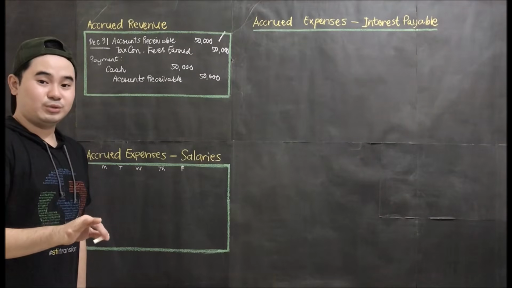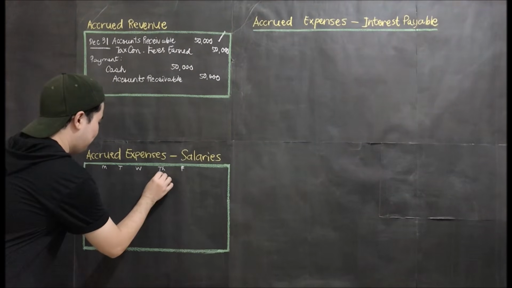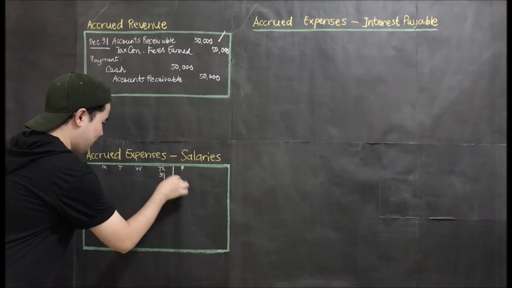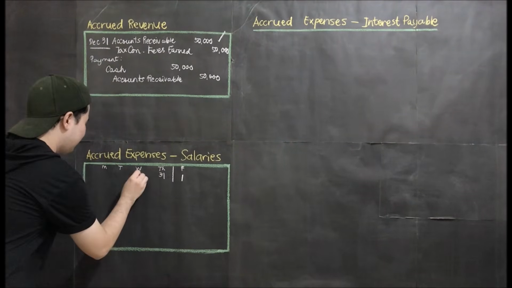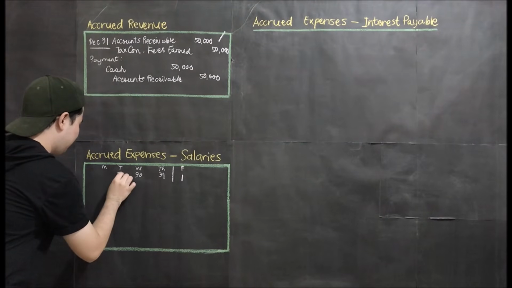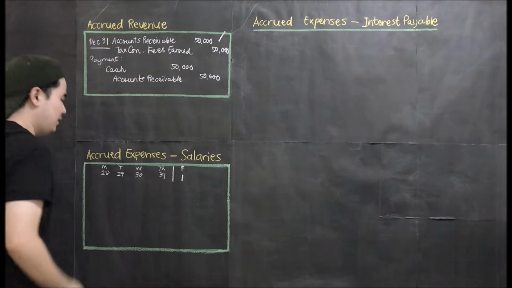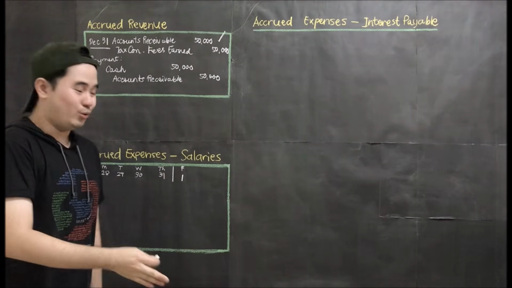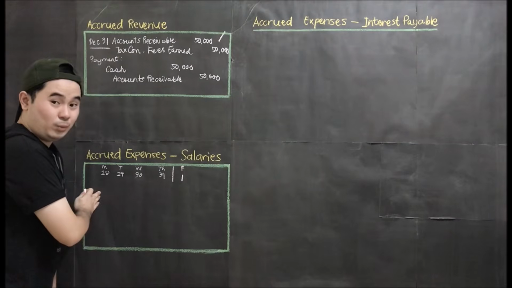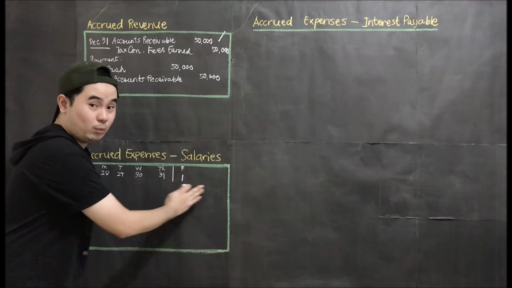Ngayon, ang December 31 fell on a Thursday. Okay? Ito ngayon yung Happy New Year natin, January 1. So, parang sa linggong to, nahati kasi yung linggo. Ito po ay 2020, ito po ay 2021.